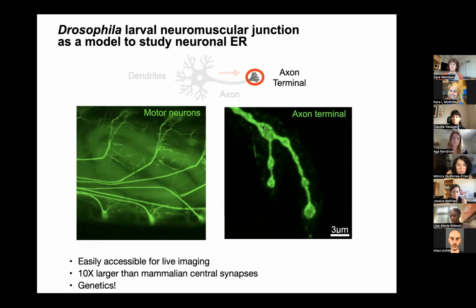Some of the advantages of using Drosophila as a model are that it's extremely easy to do dissections in these animals to be able to visualize these axon terminals. They are 10 times larger than mammalian central synapses. And I have available a large genetic toolkit that allows me to probe ER function.